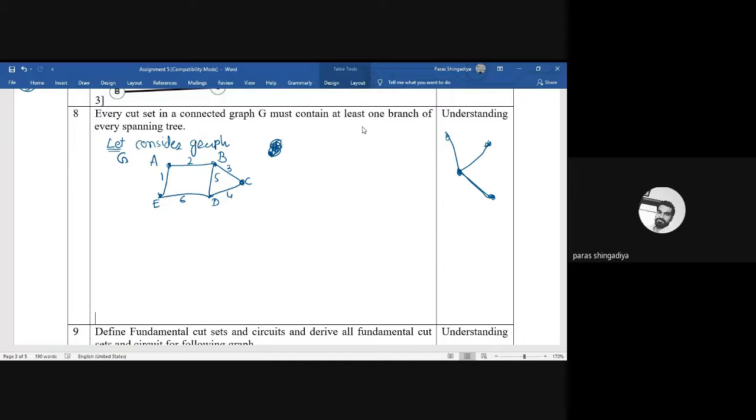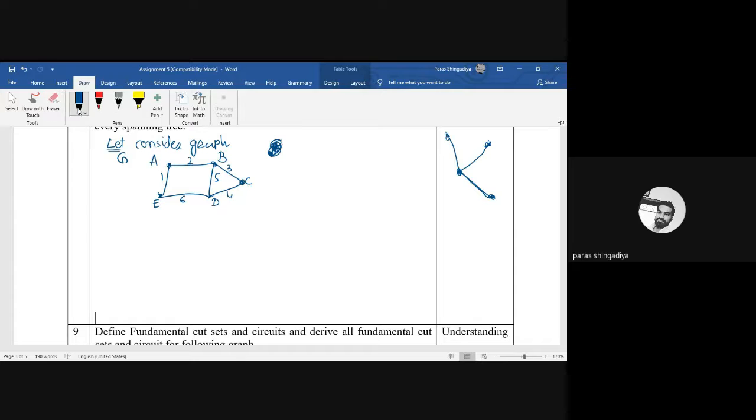Is it clear? So how can we remove the closed walk? For deletion of edges, we cannot remove the vertices. Keep all the vertices as it is here, and you have to draw this graph in such a way that it does not contain any type of closed walk.